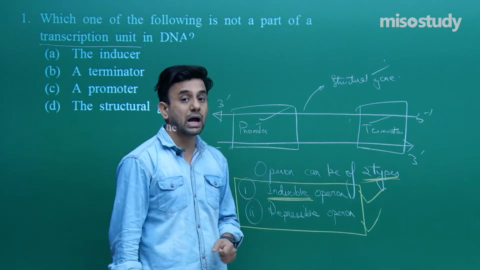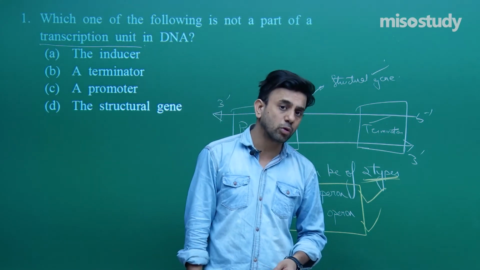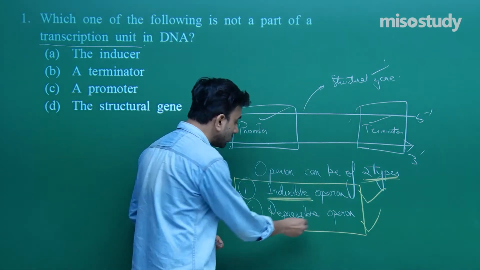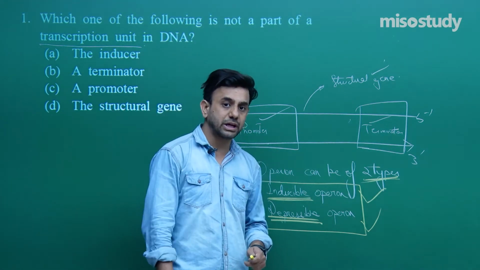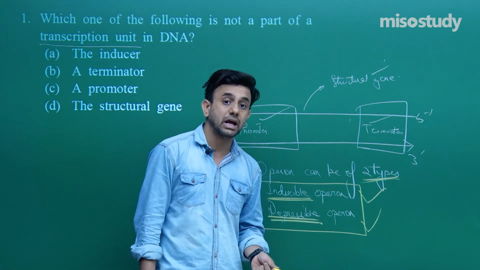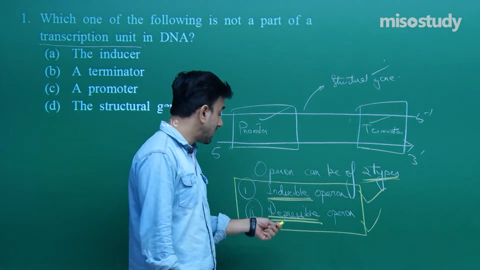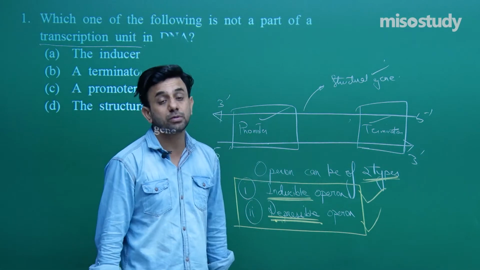That is why it is called inducible operon. However, the repressible operon will be in the active state, and it has to be repressed, and that is why we say repressible operon.